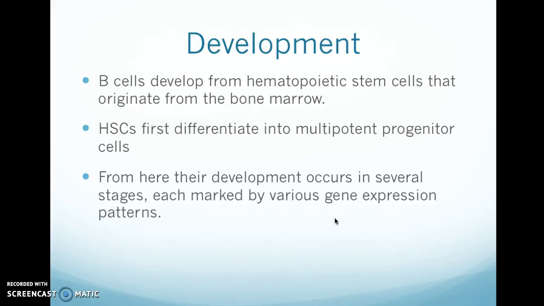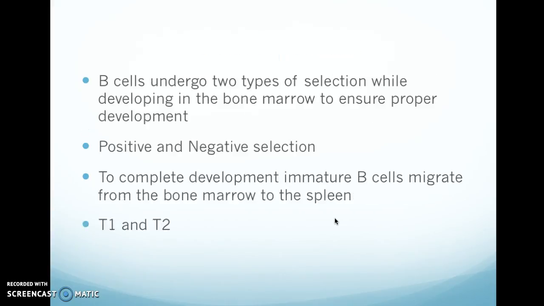B cells undergo two types of selection while developing in the bone marrow to ensure proper development, and those are positive and negative selection. I'm going to go through each of those. First is positive selection, and this process occurs through antigen-independent signaling involving both the pre-BCR and the BCR.